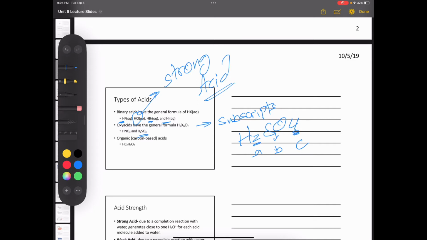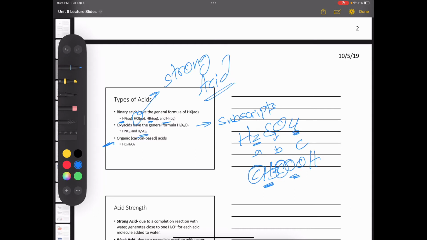Something like acetic acid, which is CH3COOH, which we're going to look at in a second here. This one also has hydrogen, has oxygen, and has carbon from the periodic table.